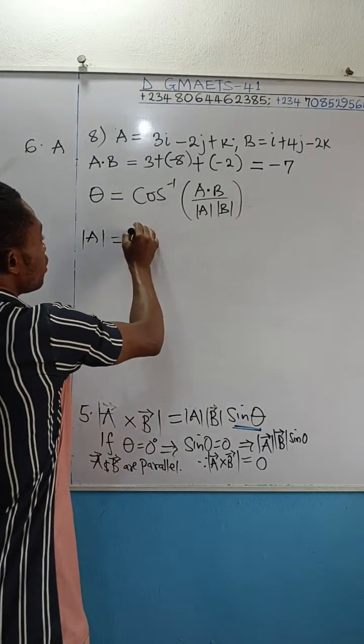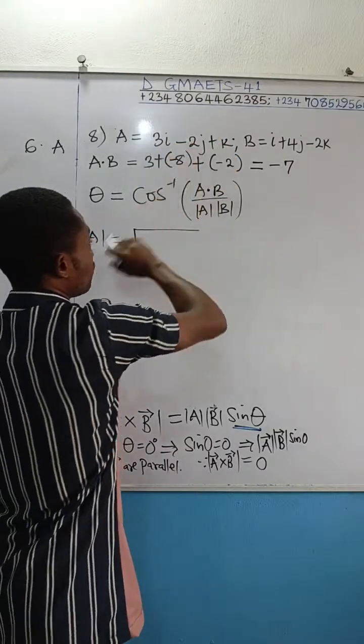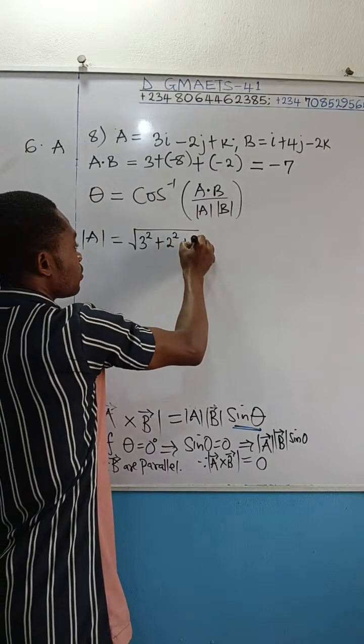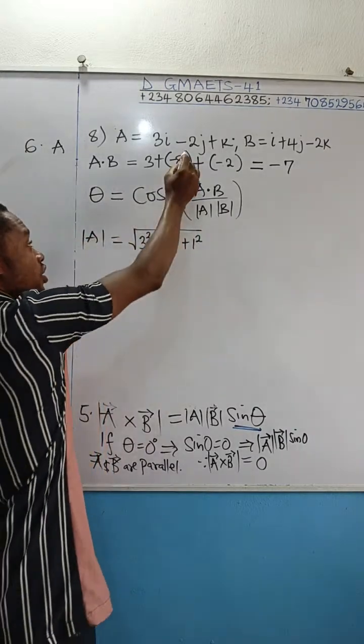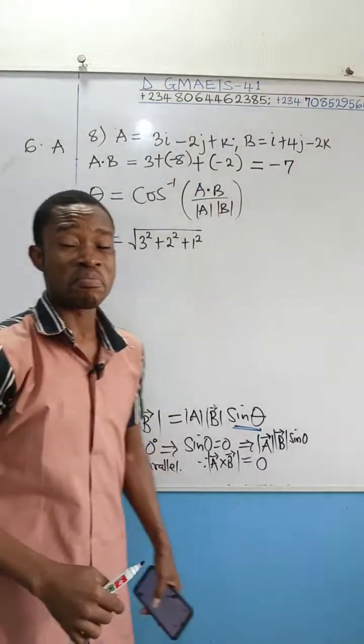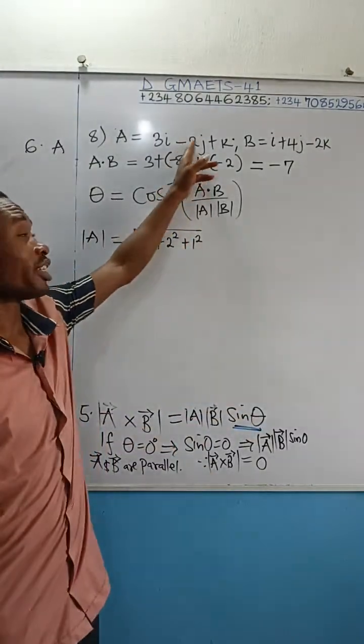To get the magnitude of A, you use Pythagoras theorem. Pick the coefficients of i, j, k, and then square them. Now you notice I was not interested in this minus 2. You don't need it when you are solving for magnitude.